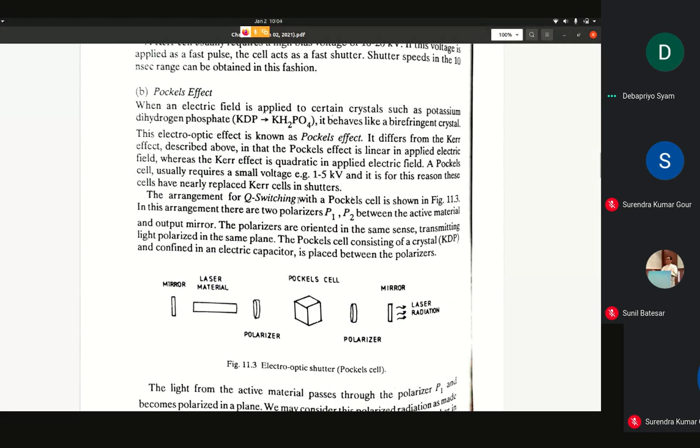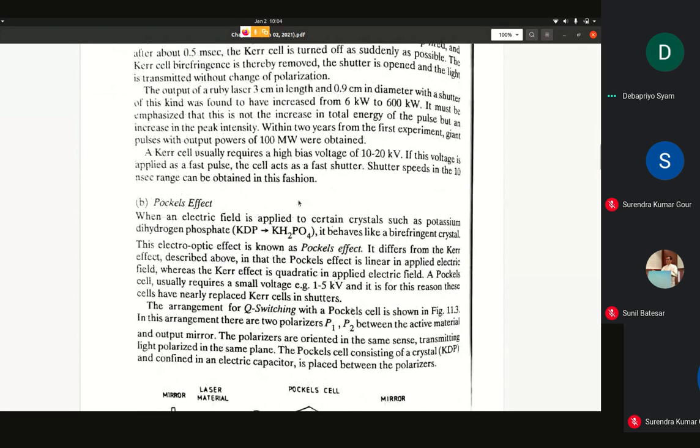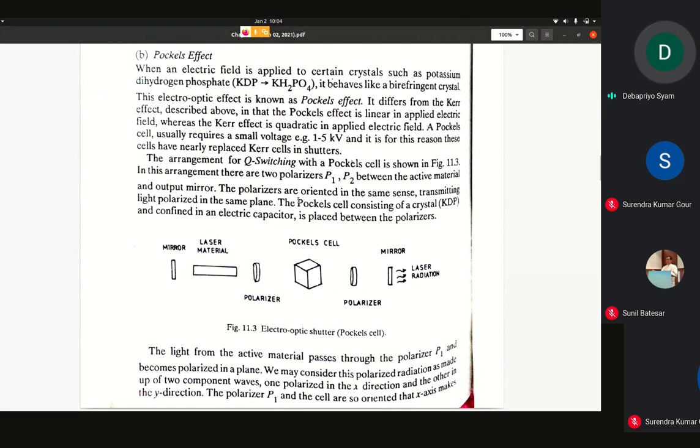Here. This is the Pockels cell. In the Pockels cell, you use the Pockels effect. Pockels effect is like this: certain materials like potassium dihydrogen phosphate, a crystalline material, develop this birefringent or double refracting property under the action of the electric field.